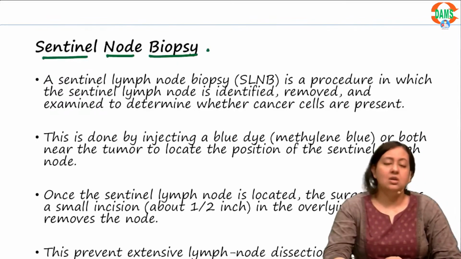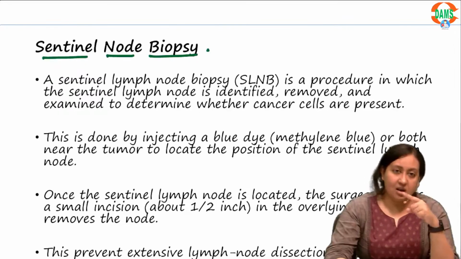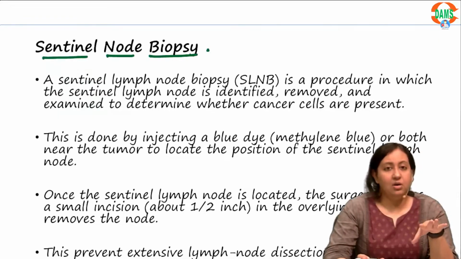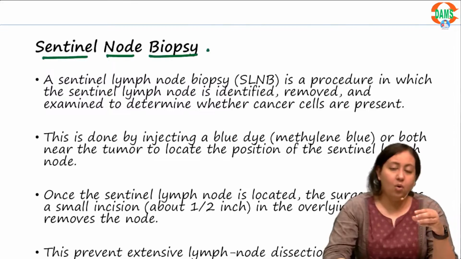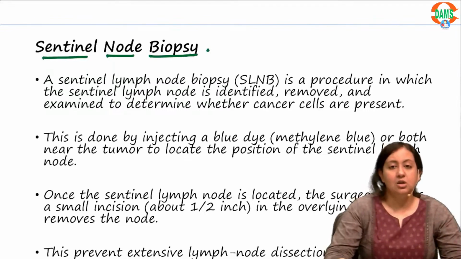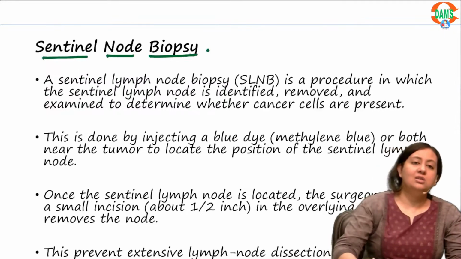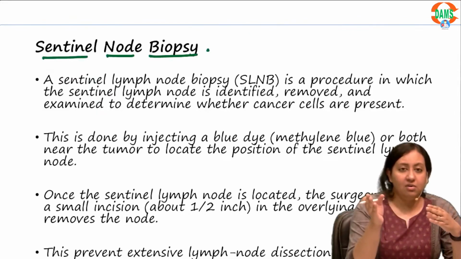So what you do is you take a blue dye, usually methylene blue, and inject around your tumor area. Wait for a few minutes, and the dye will flow along the lymphatics, especially to those lymph nodes where the cancer has spread. You have a specialized camera to view the flow of the dye.